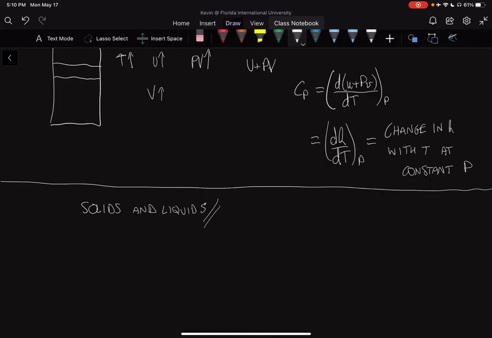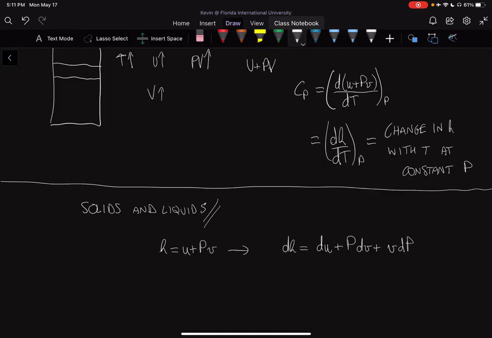So if we apply these to solids and liquids, we know that H is equal to u plus PV, lowercase u. And if we differentiate this value, we get dH is equal to du plus P dV plus V dP.